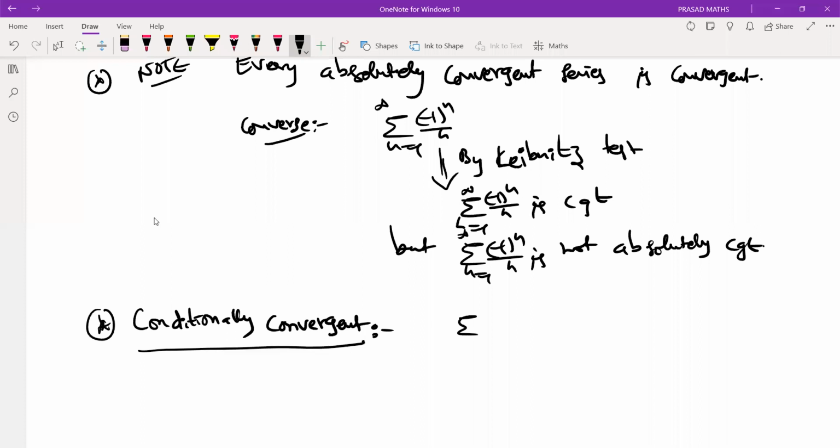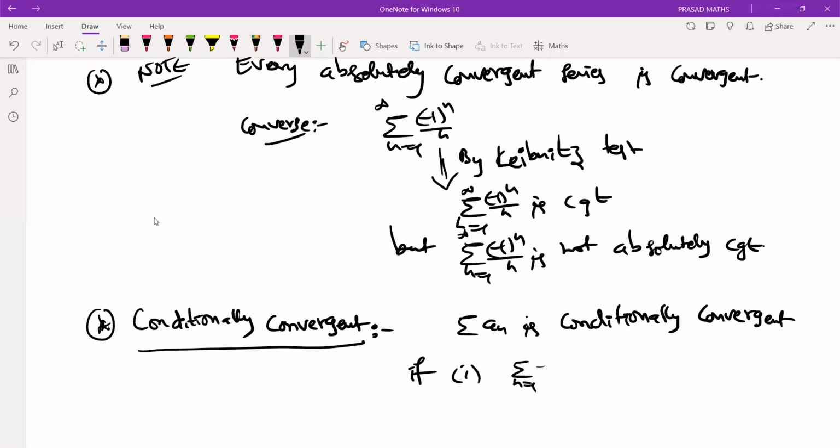We say that this series is conditionally convergent if, first, this series is convergent, and second, it fails to be absolutely convergent.